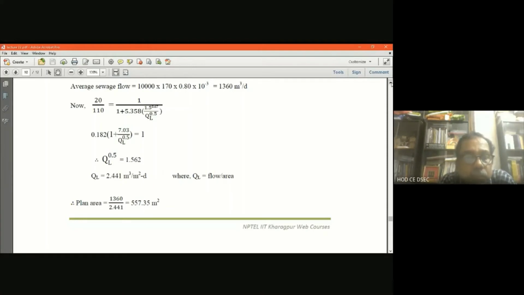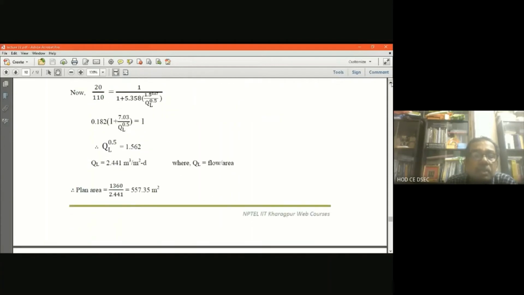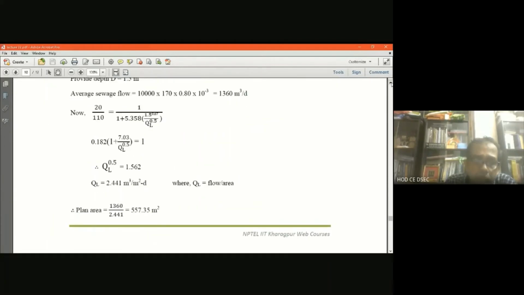This is the loading rate, that is the flow per unit area. Now, what is the total flow? Total flow we have found out is 1360 meter cube per day. So if you divide the total flow by the loading rate, we will get the area of the filter.